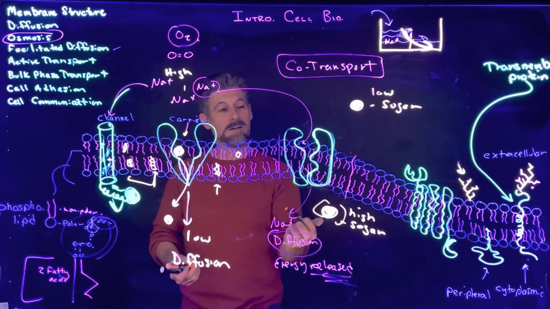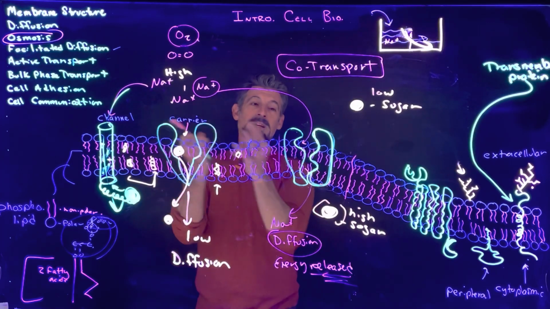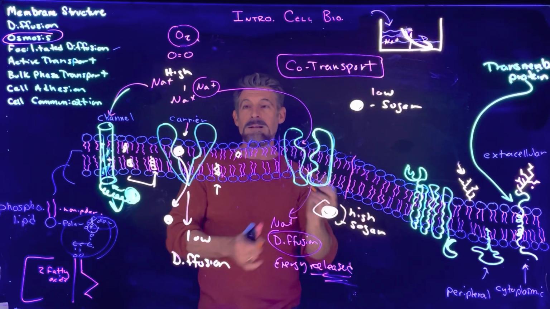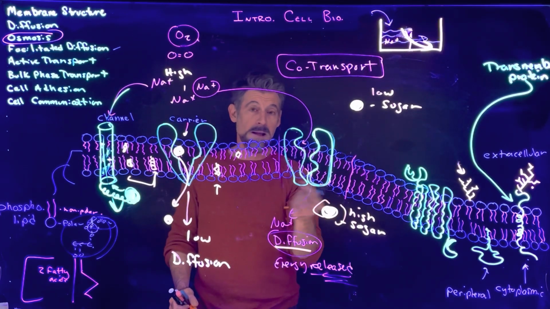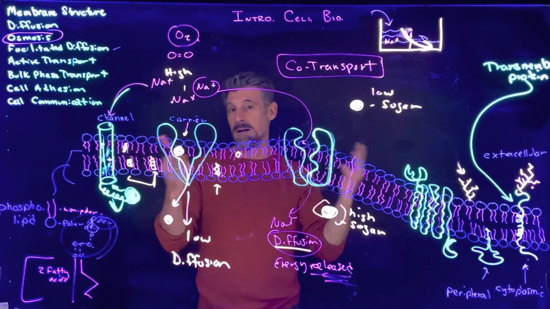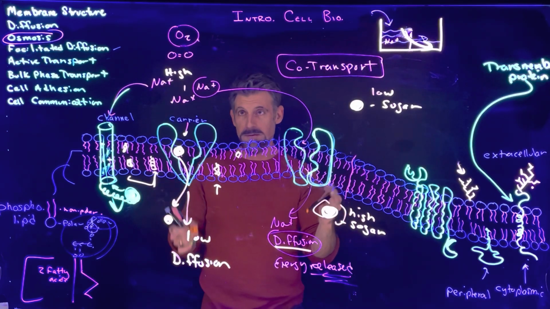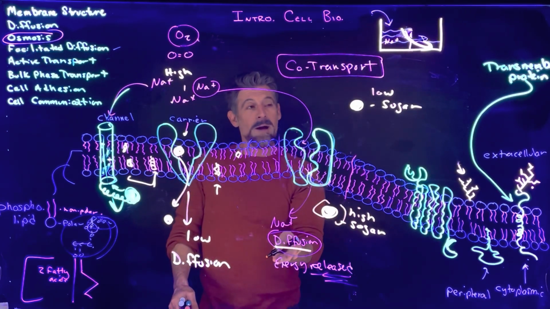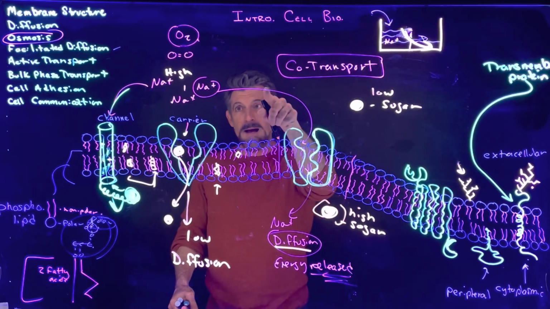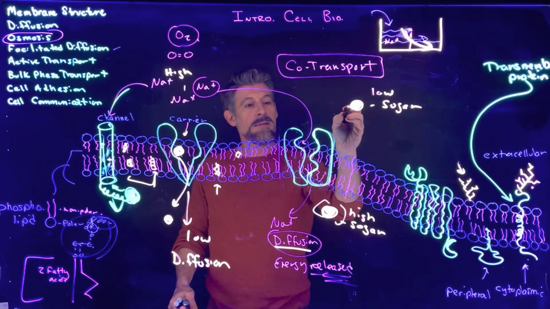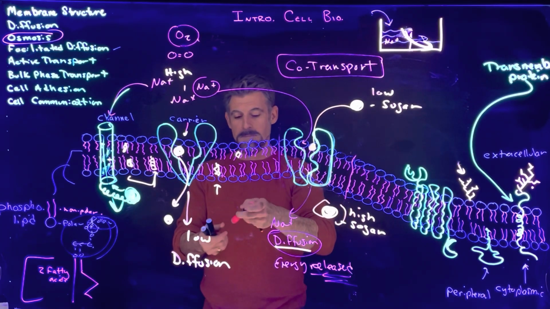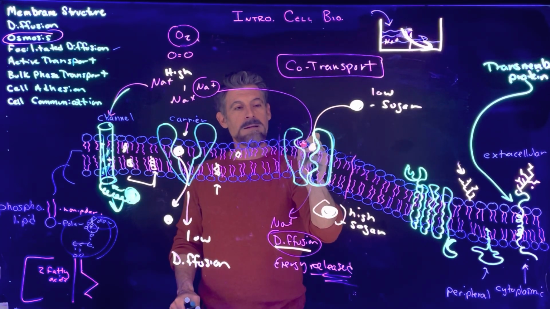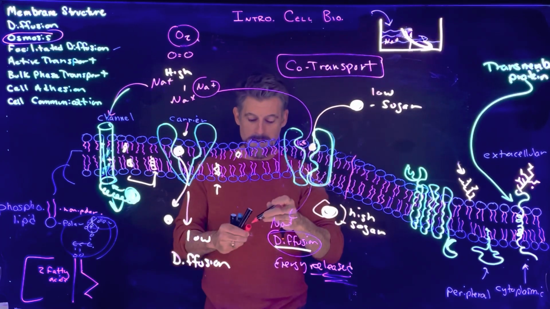Okay, so in this particular case, we're using something else to get that energy, and that is going to be diffusion of an ion. Like in this example I'm giving, and there's all kinds of other examples that you could look up that are specific. Sodium ion diffuses from high to low, and then this same protein, in addition to binding a site for sodium, so it has a sodium binding site, it also has a sugar binding site.